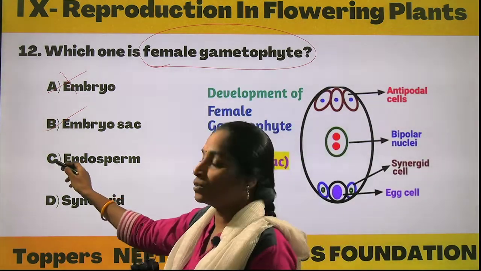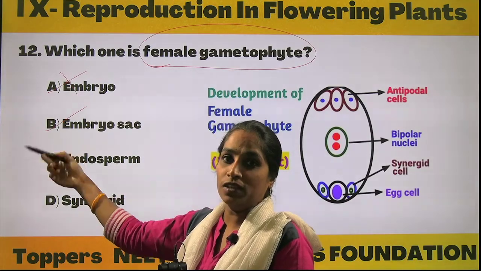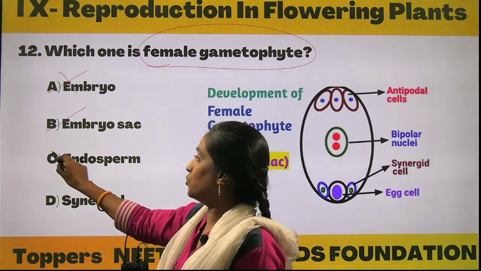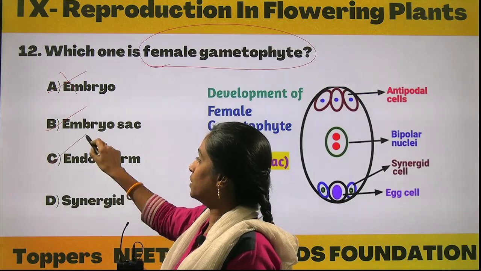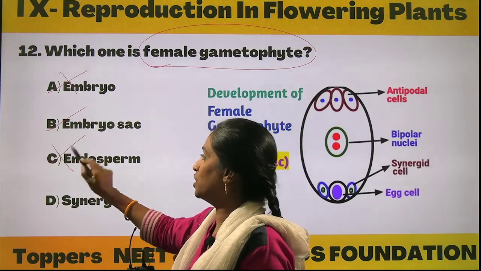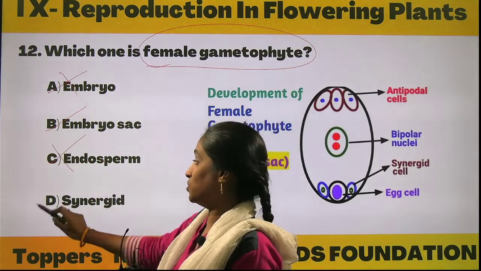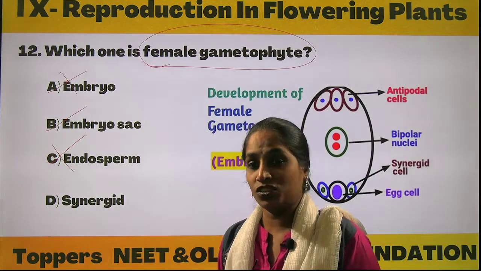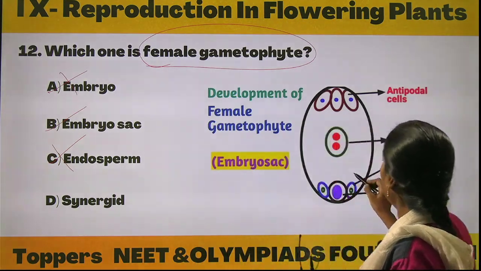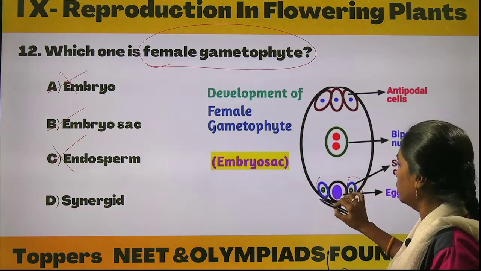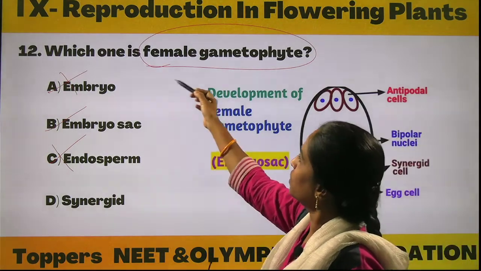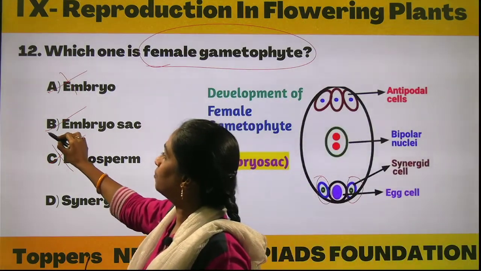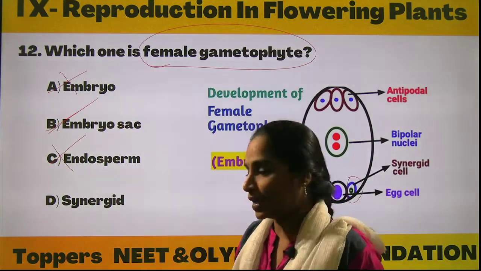When does the endosperm form? After the second fertilization, with the fusion of the second sperm cell, the endosperm forms. So this is also the wrong option. And option D is the synergid itself. The synergid is one part of the embryo sac. So which one is the female gametophyte? It is the embryo sac, right?